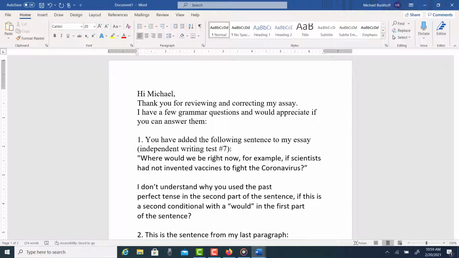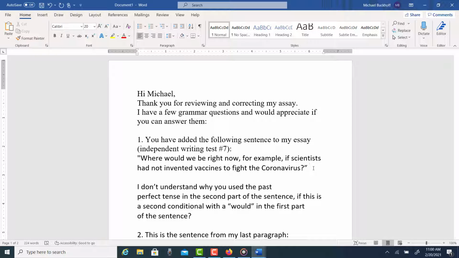So then the past perfect occurs before that. So where would we be right now if the scientists had not invented the vaccines to fight the coronavirus? It means that these scientists did invent these vaccines. So I'm using the past perfect because it talks about one action as occurring before another action in the past.